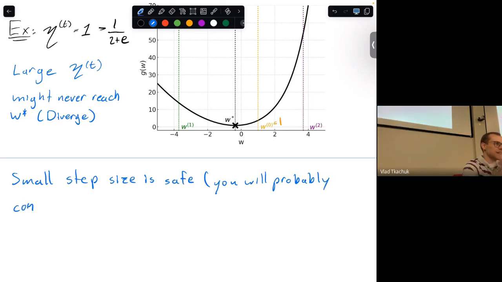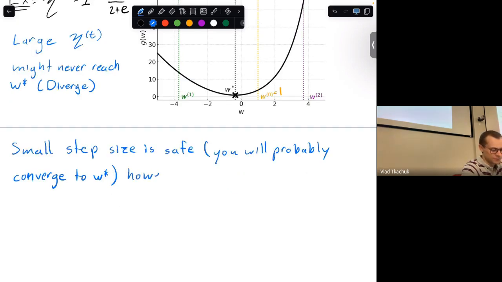And converge just means that after you do many iterations, you'll converge to W star. However, it might take long.